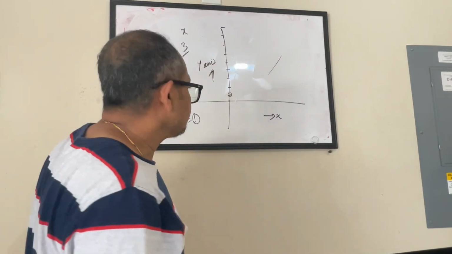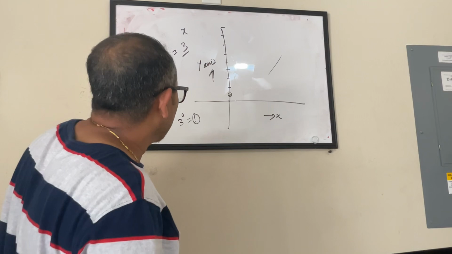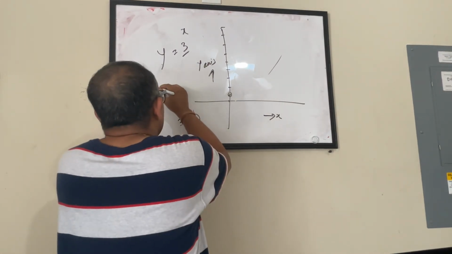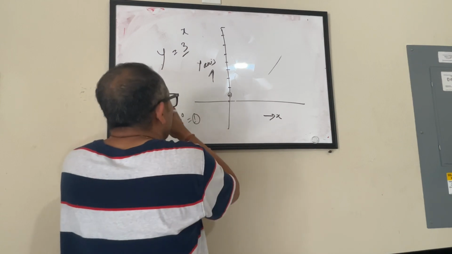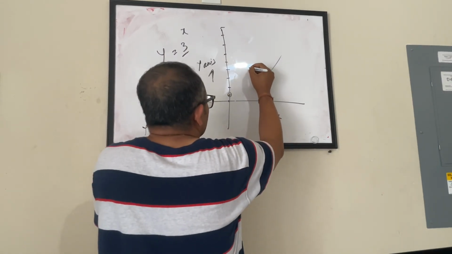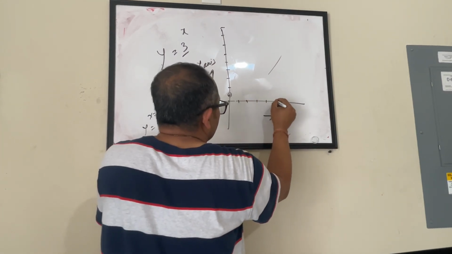Now, what happens when x equals 1? What is my value of y? It is 3. So 1, 2, 3, 4, 5.